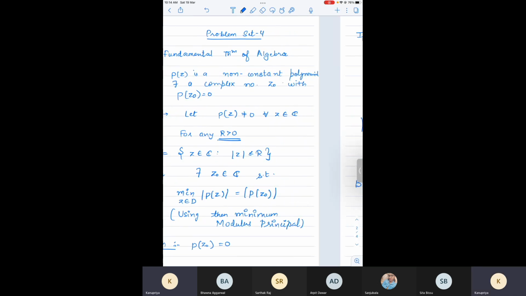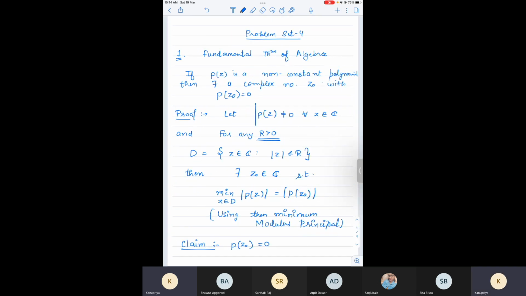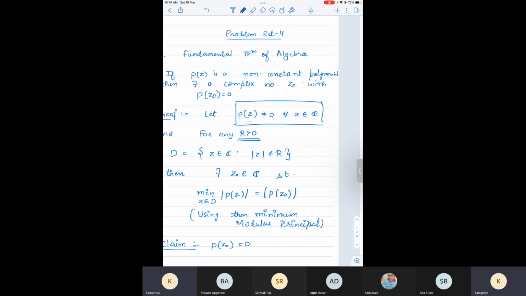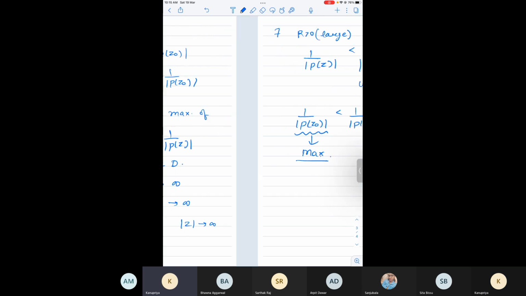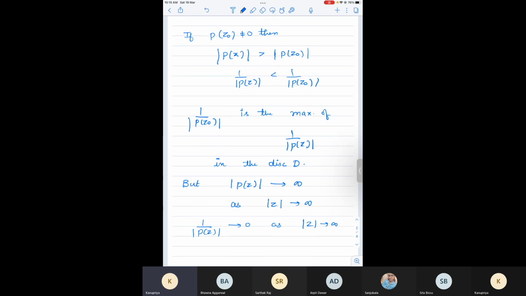We assumed that P(z) was non-zero for all complex numbers, and we get a contradiction using the minimum modulus principle. We can choose this as epsilon, from the limit definition. Is it clear?